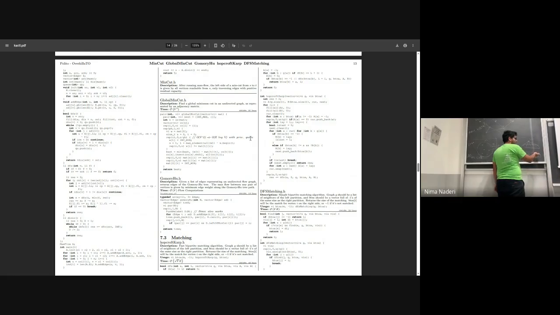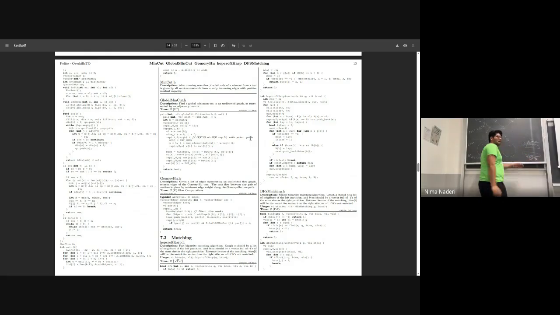I think all with infinity, right? All with infinity. But we also want the capacities to be one, because you're picking every edge once. Maybe you have multiple edges from the same vertex. Okay.